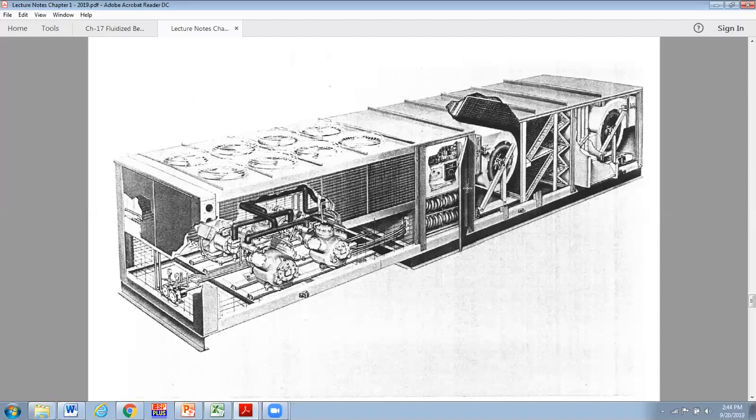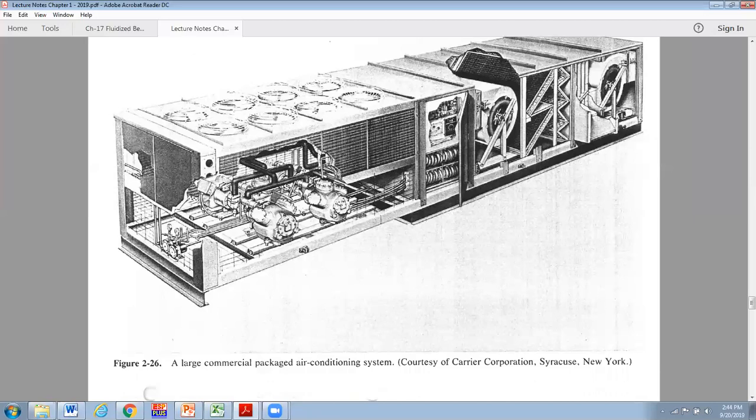There can be furnace sections here if we're going to combust natural gas. It could be a heat pump unit where we utilize the same coil and have reversing valves on the refrigerant flow. But that's the large package, commercial package rooftop unit.